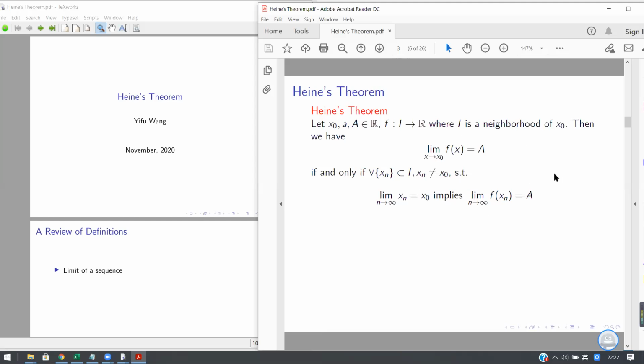Firstly, let us just see an example. We take f(x) to be x squared plus 1, and a is 1.